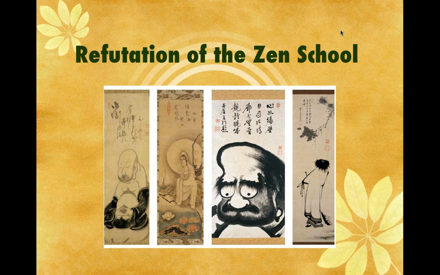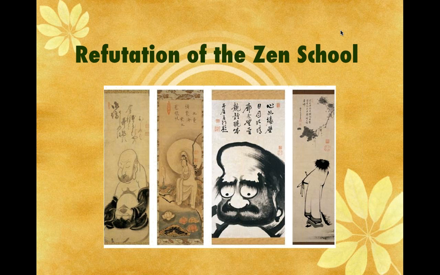So just as a quick overview, we've looked at the Lotus Sutra. We looked a little bit at how the Lotus Sutra spread to different countries. I think that was the first lecture. In the course of that, we also talked a little bit about how Buddhism spread in general, but we looked at how the Lotus Sutra worked its way to Japan.